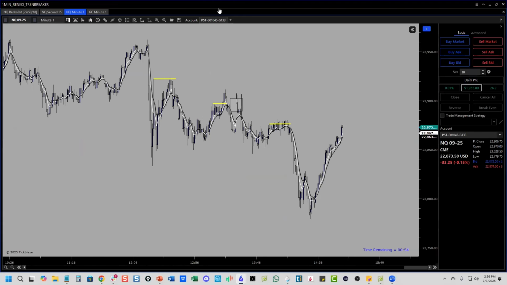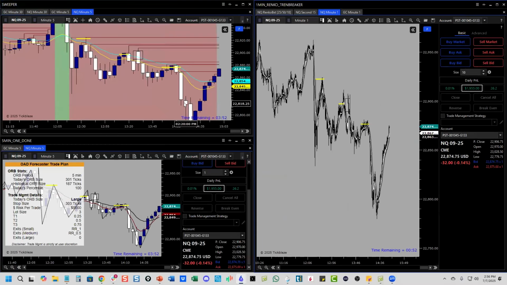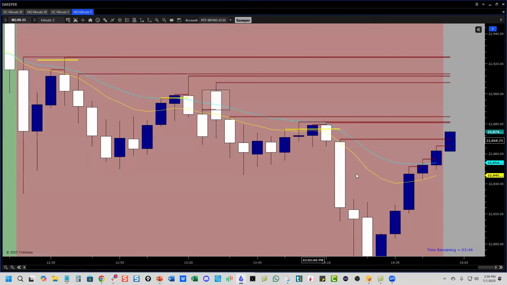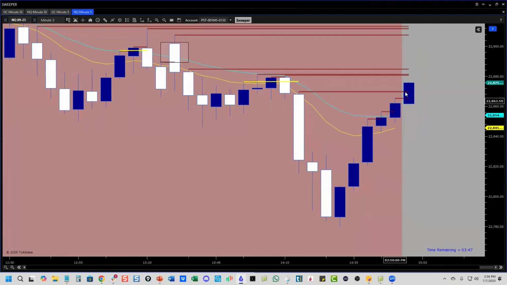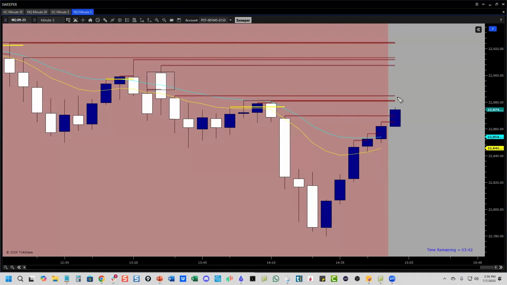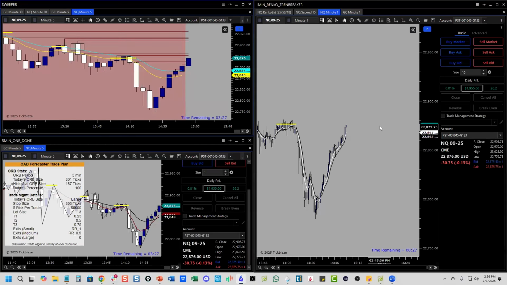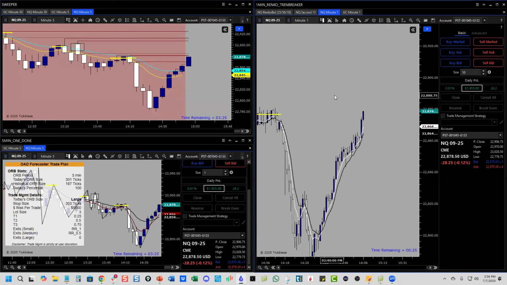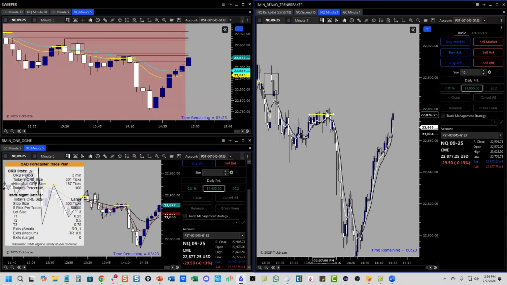Now, let's take a look. If you look at what's happening, they're sweeping liquidity here on the highs. There's a lot of resting orders up here. And instead of taking the entry as it's climbing, grinding, you can wait for the 5-minute to show you that it wants to take out these levels.